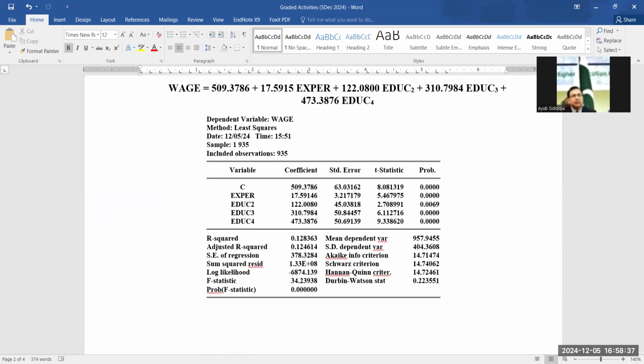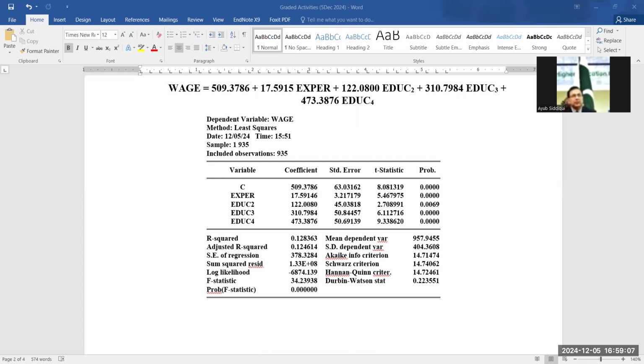So, starting with the interpretation, the intercept coefficient is 509.38, the probability of which is 0.00, which is less than 1%, or generally considered as less than 5%. It represents the base wage for an employee with primary education, which was coded as EDUC1, and with zero work experience.